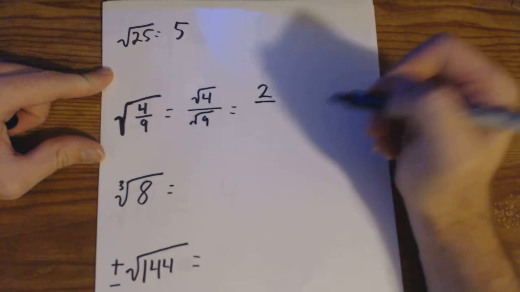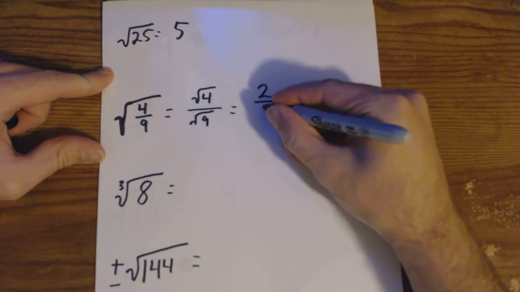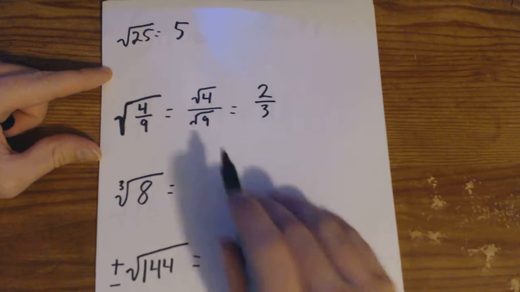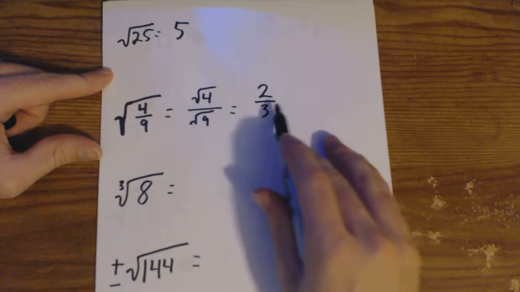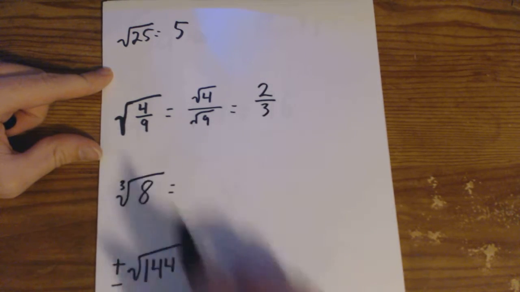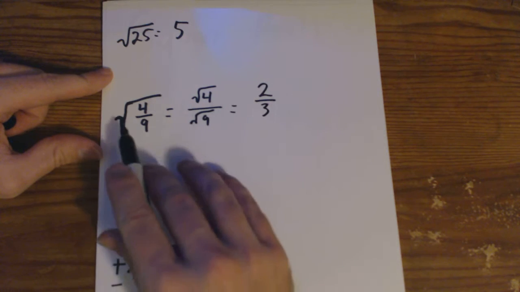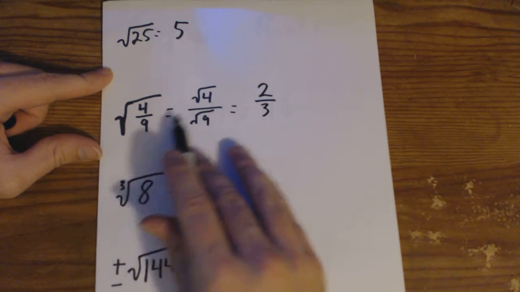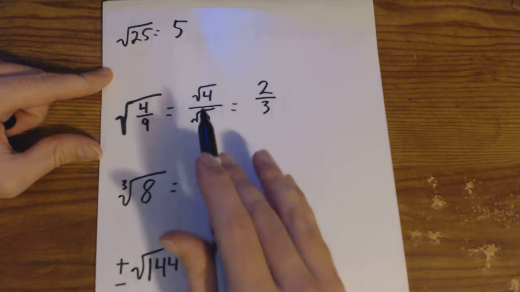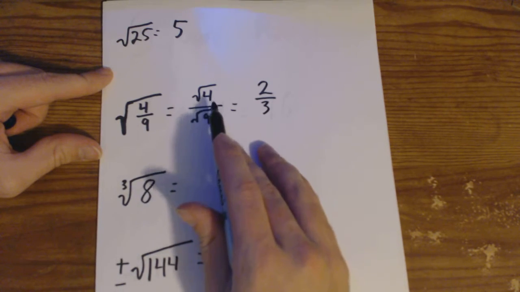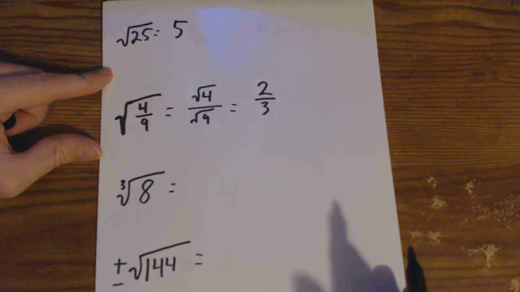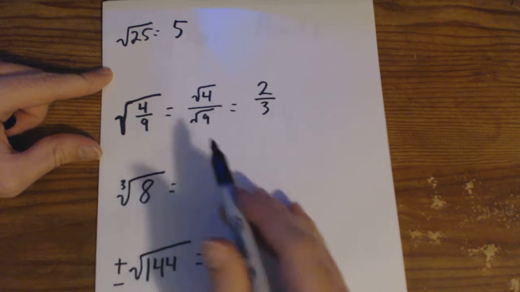What's the square root of 9? Well, 3 times 3 is 9. Again, if you took 2/3 times 2/3, you'd end up with 4/9. So when you have a fraction, you can break it down and find the square root of the denominator and the numerator separately. It's a little bit easier than trying to tackle this all in one go.